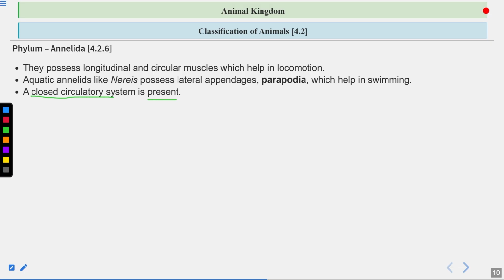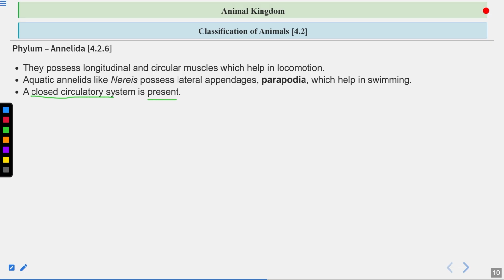This is a jelly-like substance. So we cannot say that this is a derm layer like mesoderm, ectoderm, endoderm. This is not a derm layer because it is not represented by any cellular layers, right? It is a jelly-like substance that is called mesoglea. So that is why it is called diploblastic.